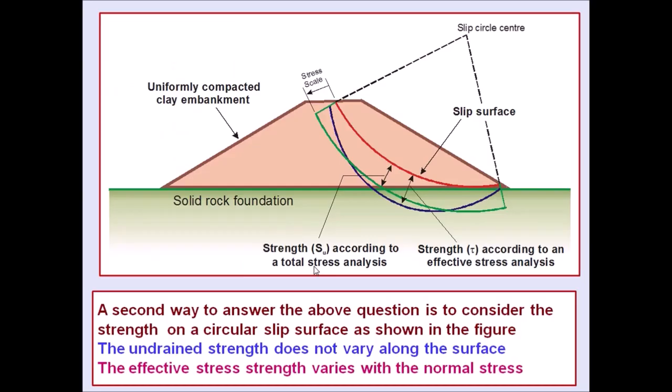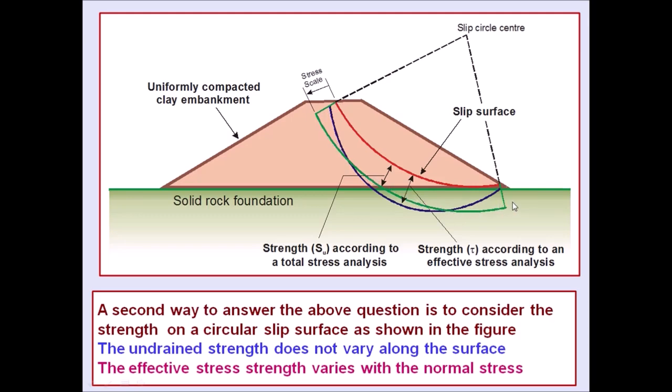Another way of looking at it is to think about stability analysis using a slip circle analysis. If this is our potential slip surface here, if we did our analysis in terms of undrained shear strength, we would probably use the same value all the way around here.